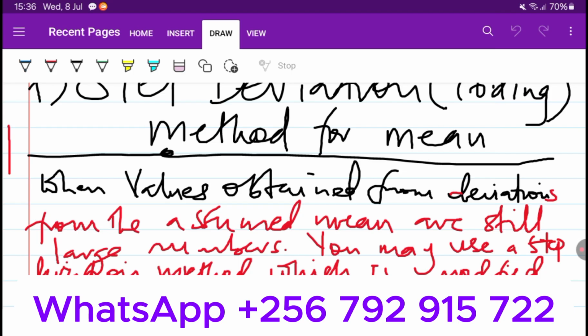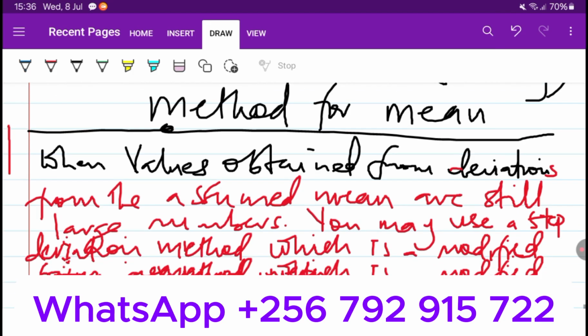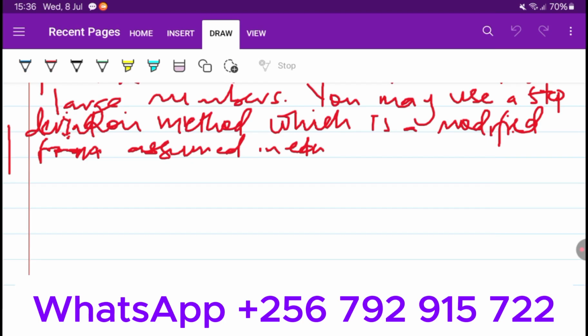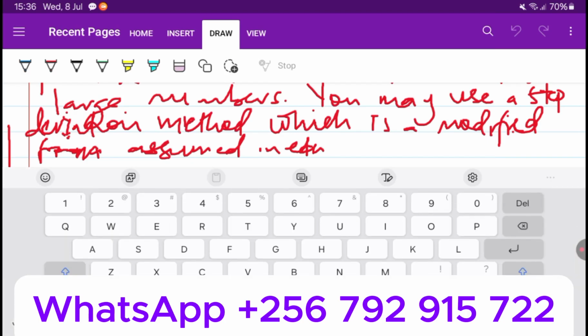Then I use this method to make sure that we find the mean, and the mean has to be the same. So that's what I want us to look at.